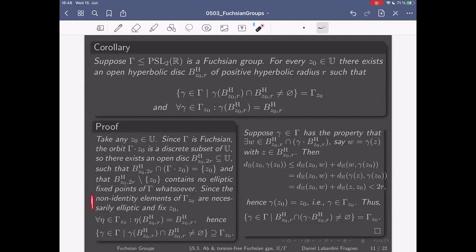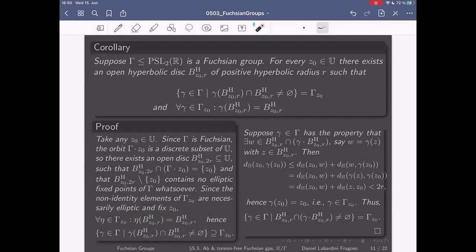Right, so since the non-identity elements of the stabilizer are elliptic, and they fix Z0, we have the following. The elements in the stabilizer actually already fix this hyperbolic disk.